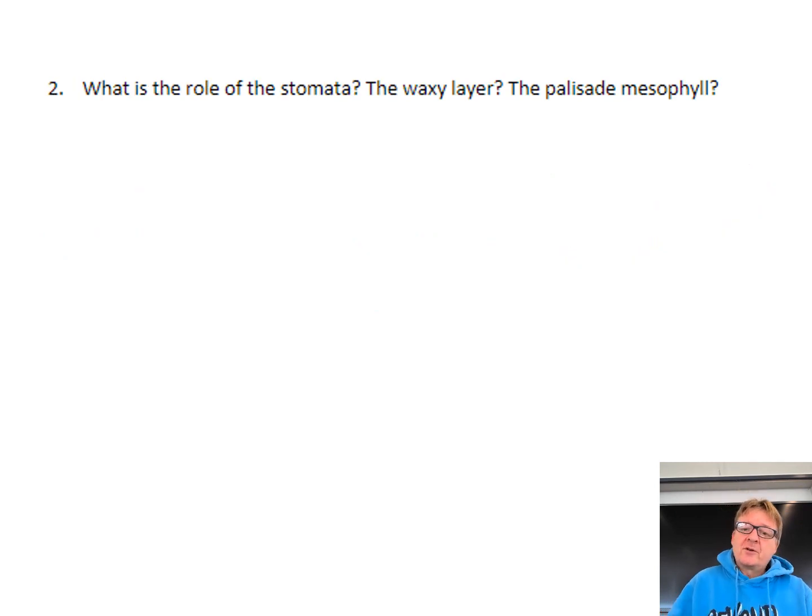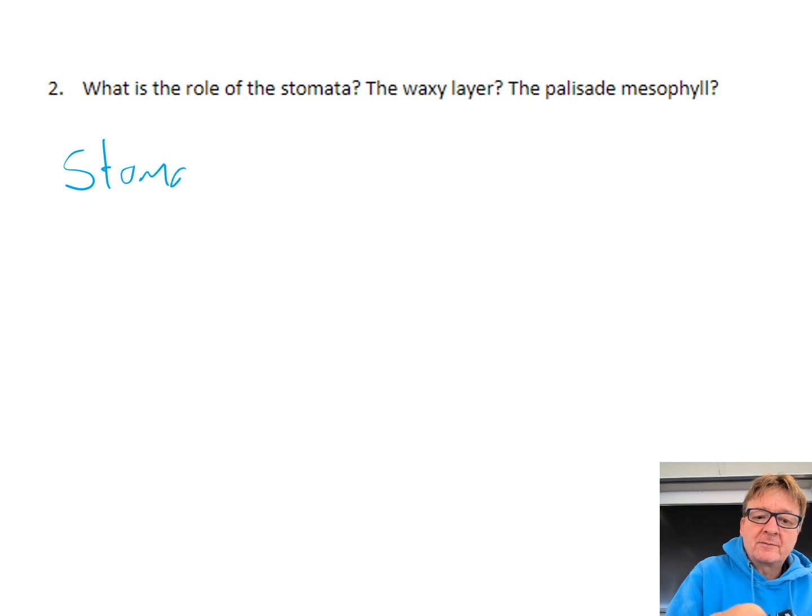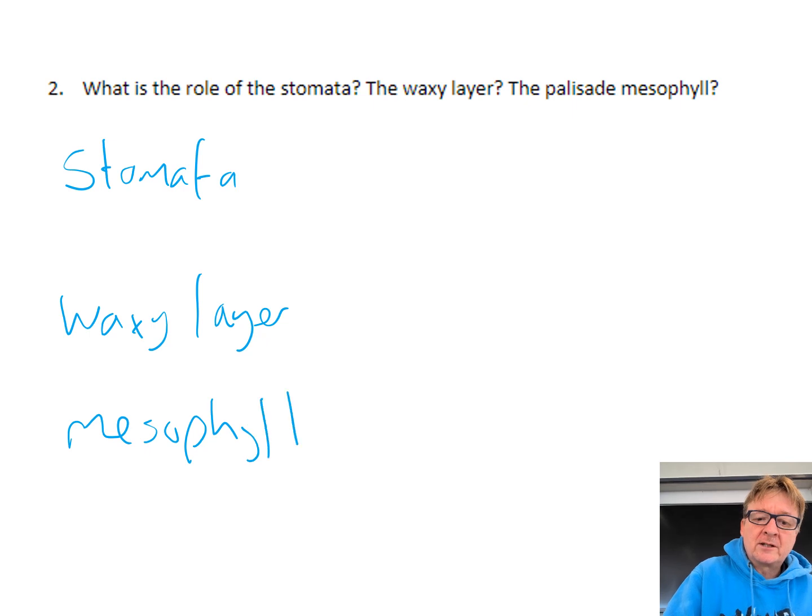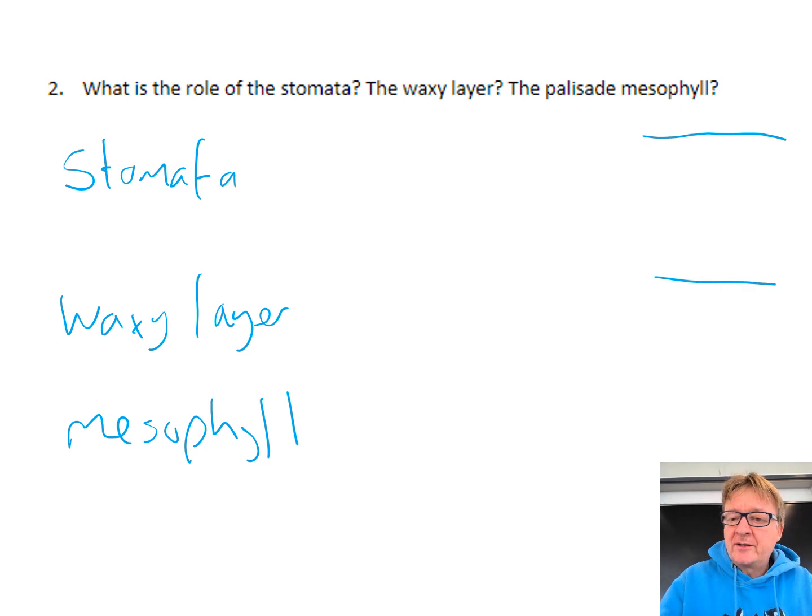Number 2, what is the role of stomata, waxy layer and mesophyll? So we've got stomata, waxy layer and mesophyll. If you think about the structure of the leaf, you've got the top layer and the bottom layer, and then there's loads of cells in between.